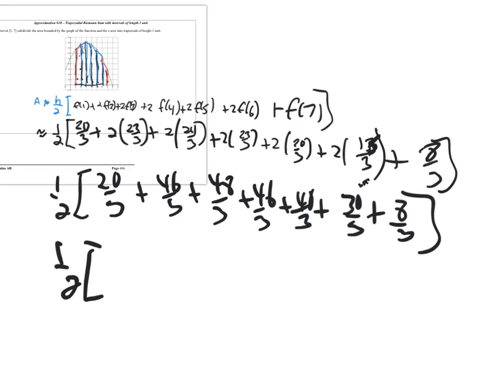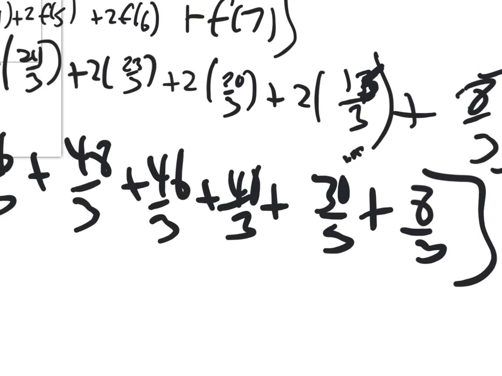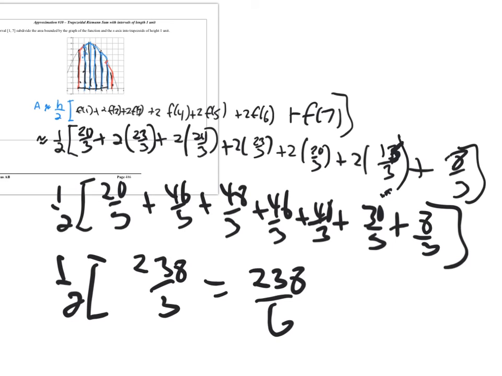Add those top numbers. 20 plus 46 plus 48 plus 46 plus 40 plus 30. Is that a 30/3? Yes. That gives 238 over 3, over 3, so that gives me 238/6.